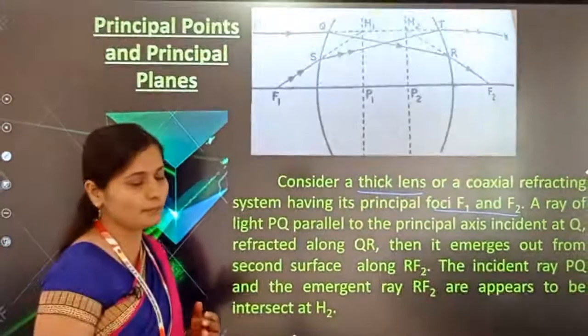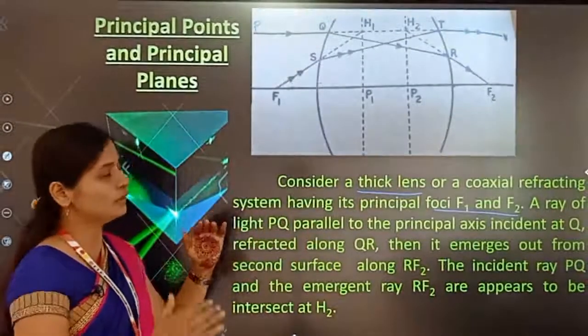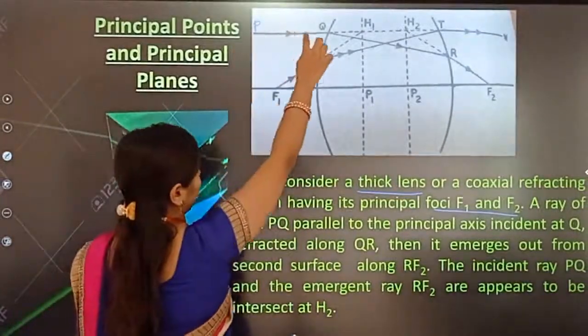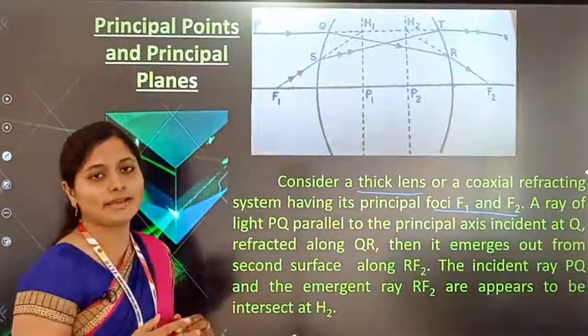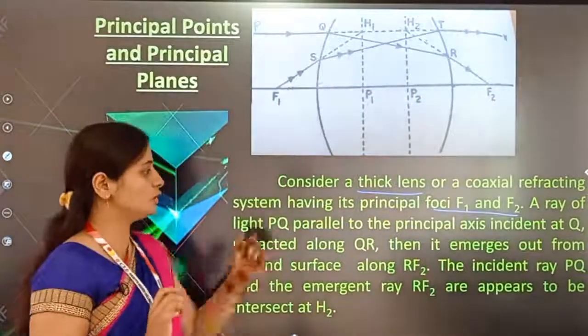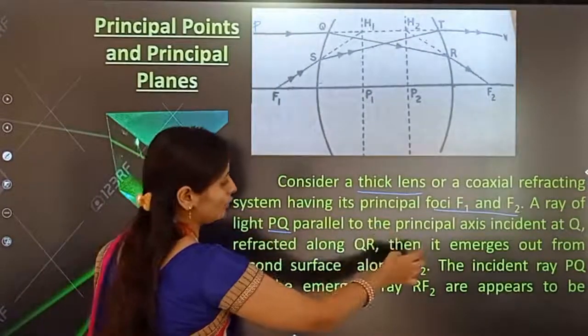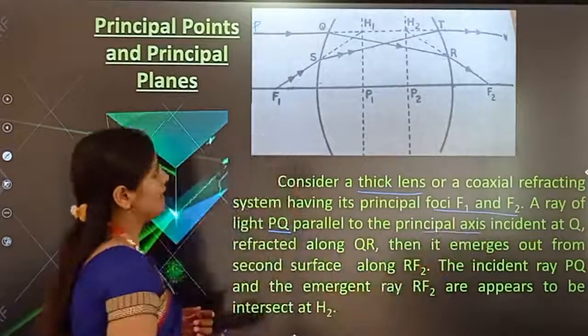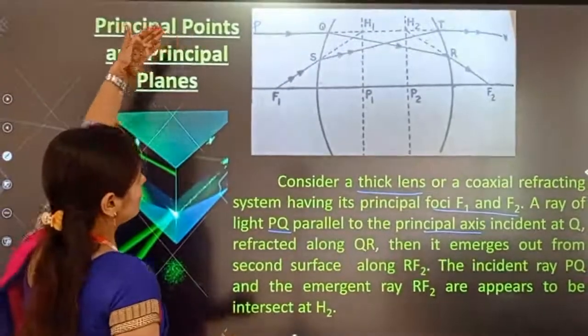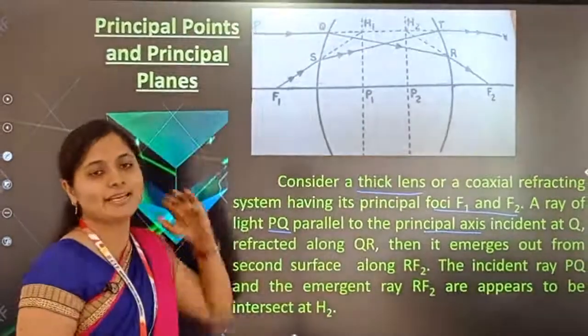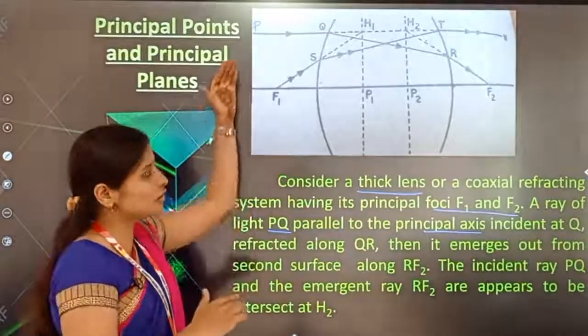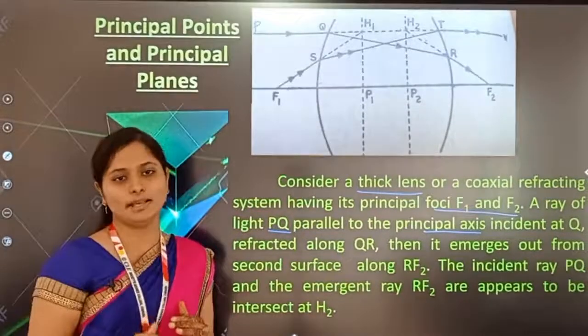If the ray P travels up to Q, we call it the ray PQ. So a ray of light PQ is parallel to the principal axis, and it touches Q.